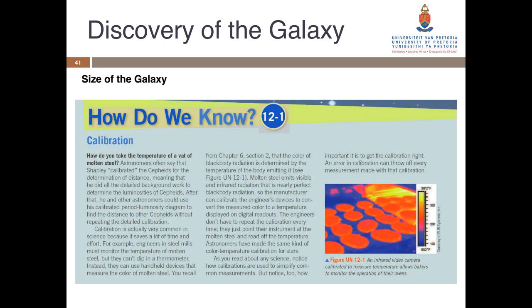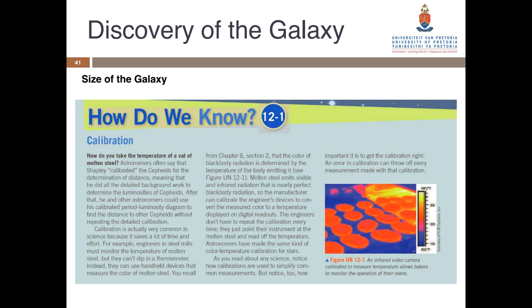Calibration is actually very common in science because it saves a lot of time and effort. For example, engineers in steel mills must monitor the temperature of molten steel, but they can't dip a thermometer. Instead, they can use handheld devices that measure the color of the molten steel. Recall from Chapter 6, Section 2, that the color of black body radiation is determined by the temperature of the body emitting it.